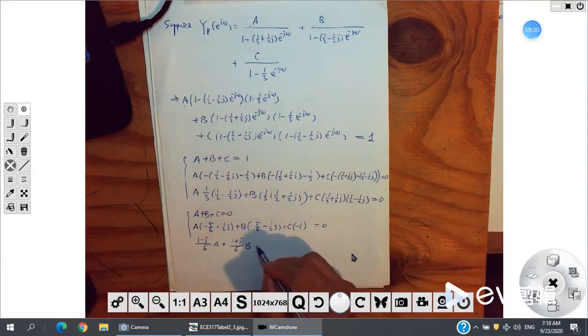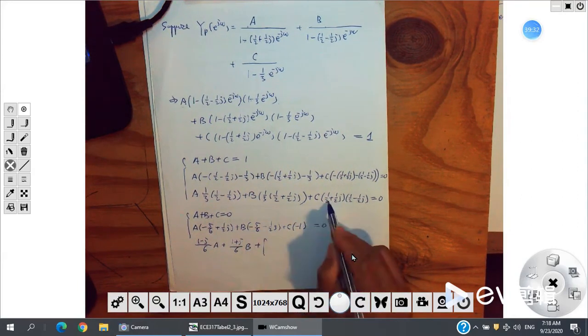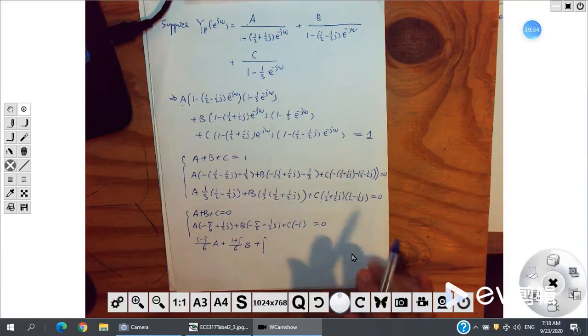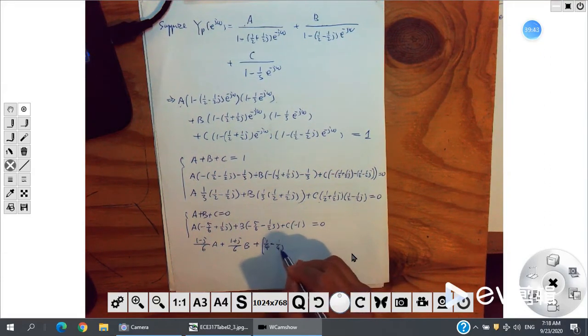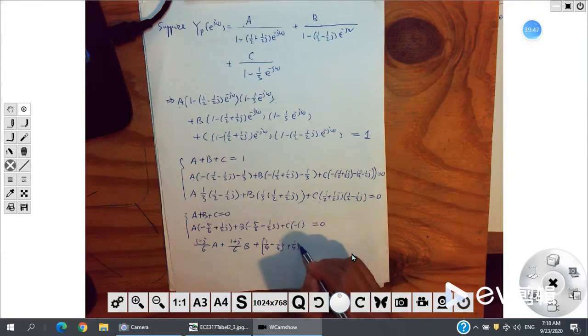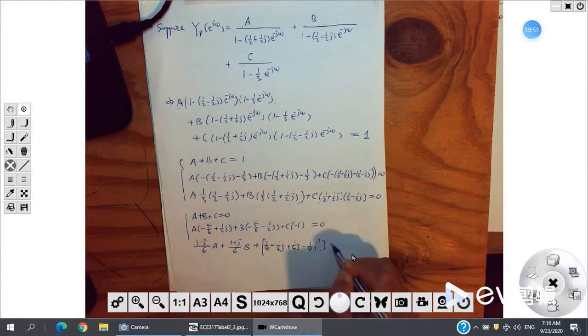The coefficient, I put the coefficient in the front, it is 1/4 minus 1/4 j plus 1/4 j and minus 1/4 j squared equal to 0.